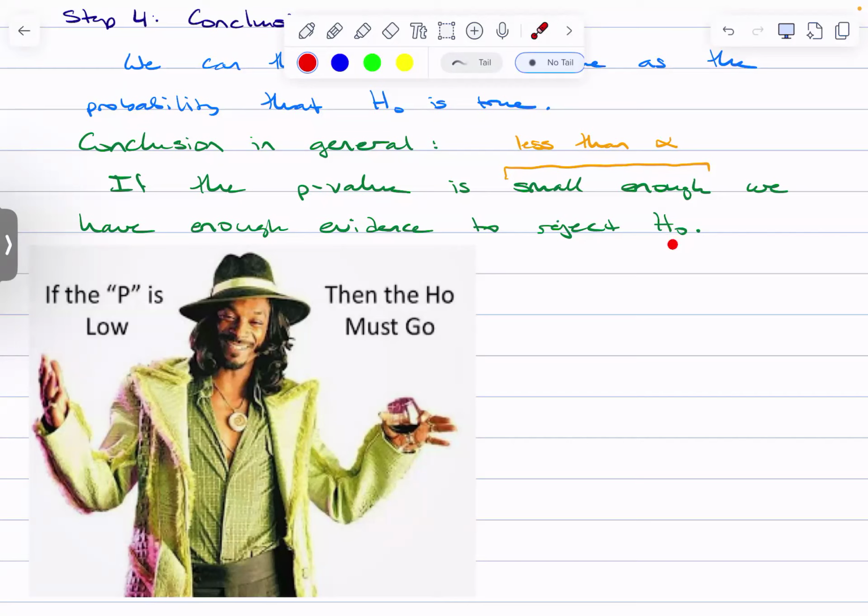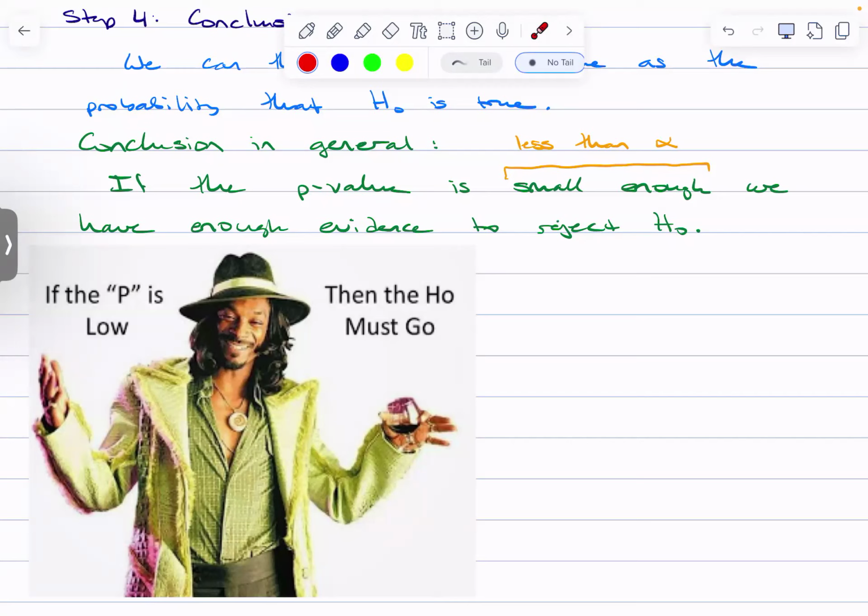You completely parking lot the alternative hypothesis. If you reject H naught, then you can offer up the alternative. But you either have enough evidence to reject H naught or you do not have enough evidence to reject H naught.